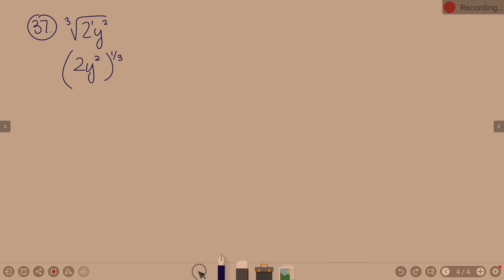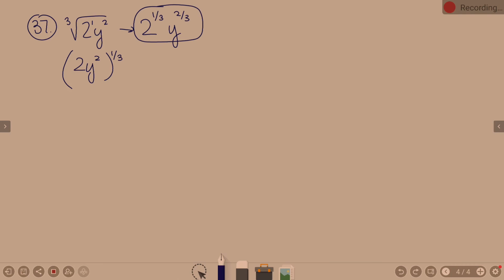Invisible 1. So what it might be easier to just do is, okay, the cube root, that 3 goes in the denominator. The power, so the 1 here and the 2 here, they go in the numerator, right? So you could just go straight to this over here and say, okay, this is 2 to the 1/3, and y to the 2/3.